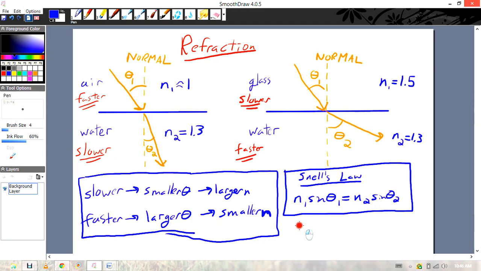Just to show you guys that this is the same thing as in class, we can replace n1 with the definition of the index of refraction, which of course is the speed of light divided by the velocity through the medium.